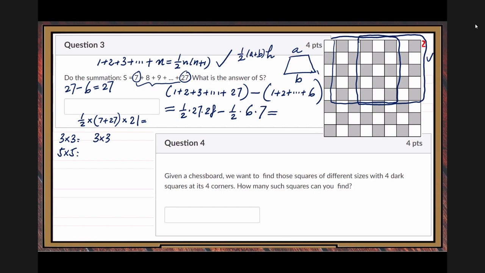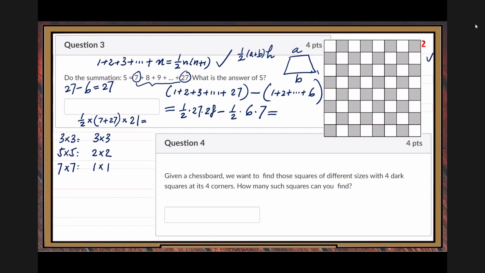So 2 horizontally, vertically also 2. Then 7 by 7, horizontally, vertically, 1 by 1.